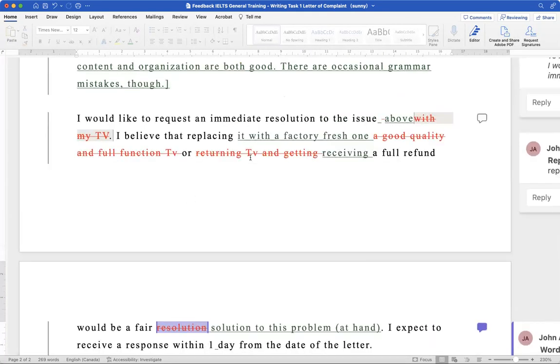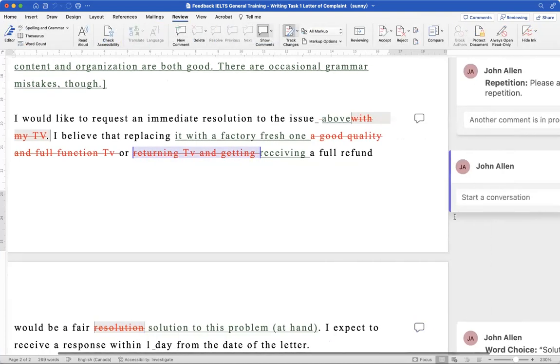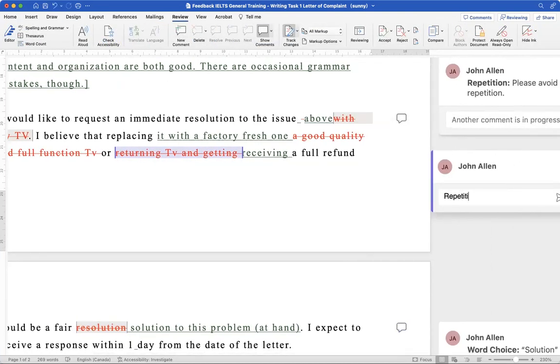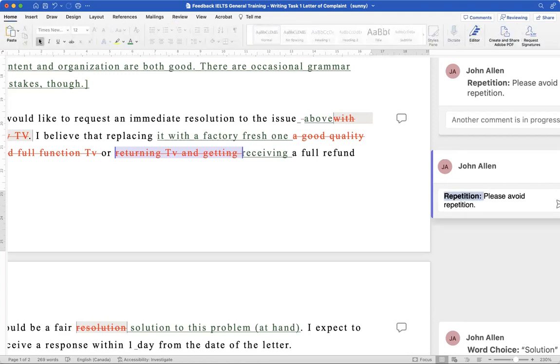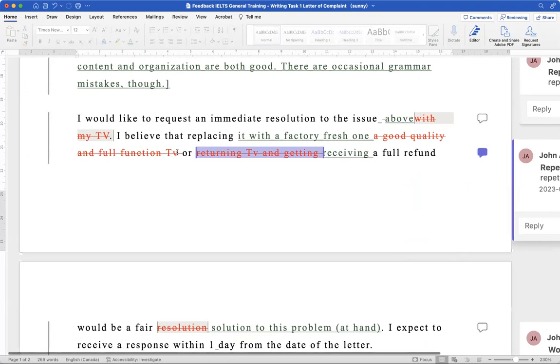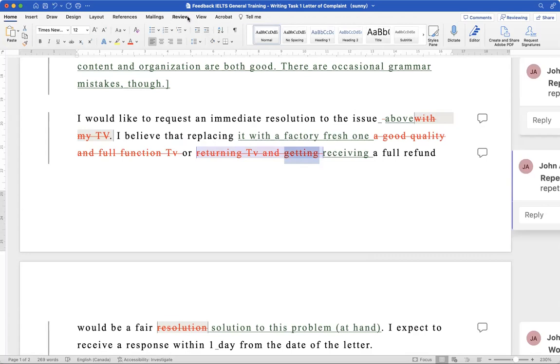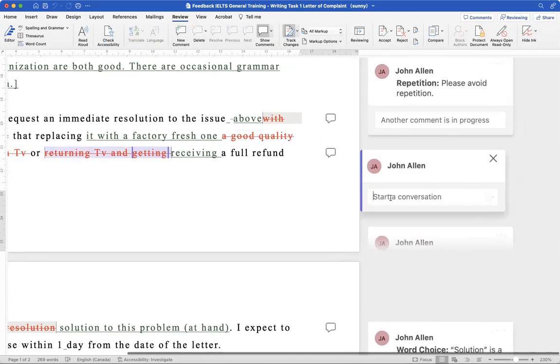Okay. And here I said, this is kind of repetition. Please avoid repetition. Here, getting is informal. It's about register. Register is about formality.